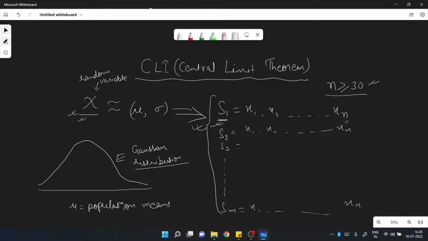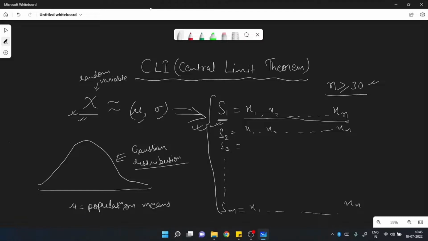I hope you understood what the central limit theorem is. Let me just explain once again. Suppose I have a random variable, or a population data set, with some mean value mu and standard deviation value sigma. If I take multiple samples out of this population, that is S1, S2, S3 and so on, there is one condition: the number of data points in each sample should always be greater than or equal to 30.